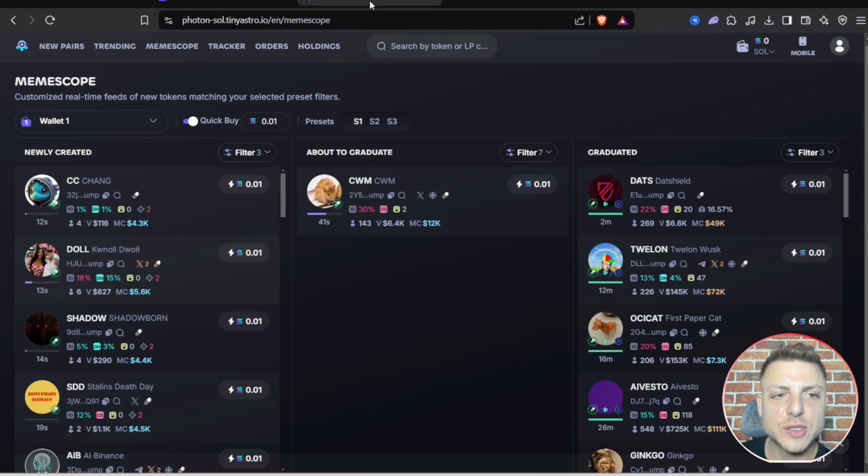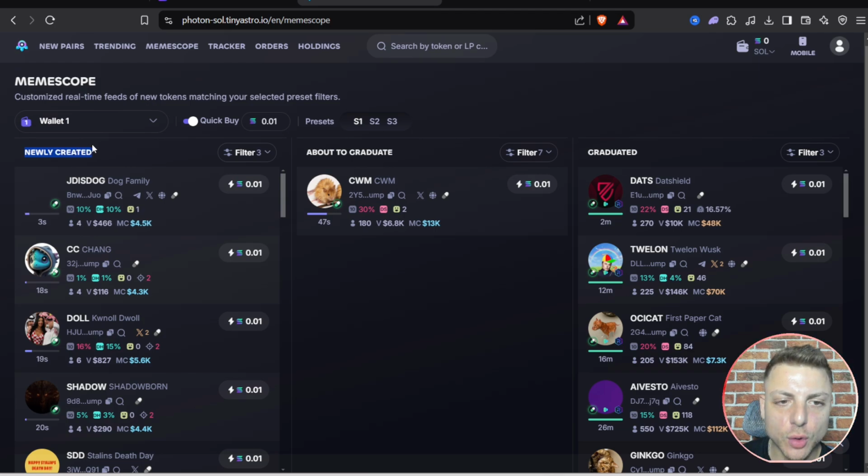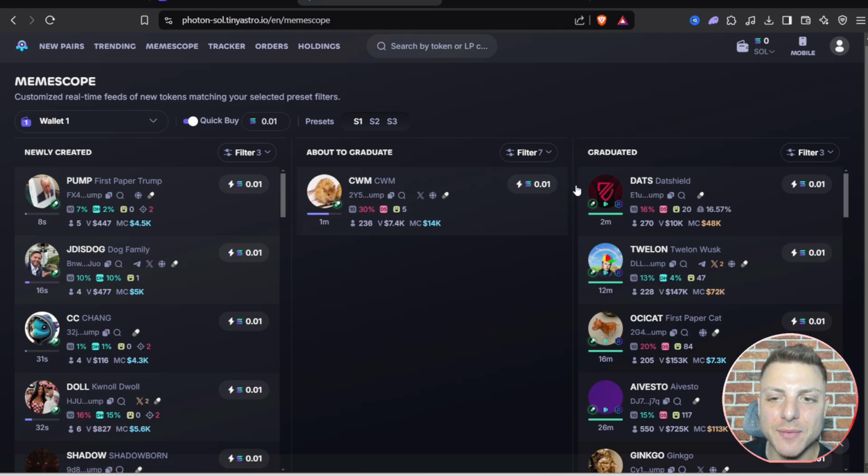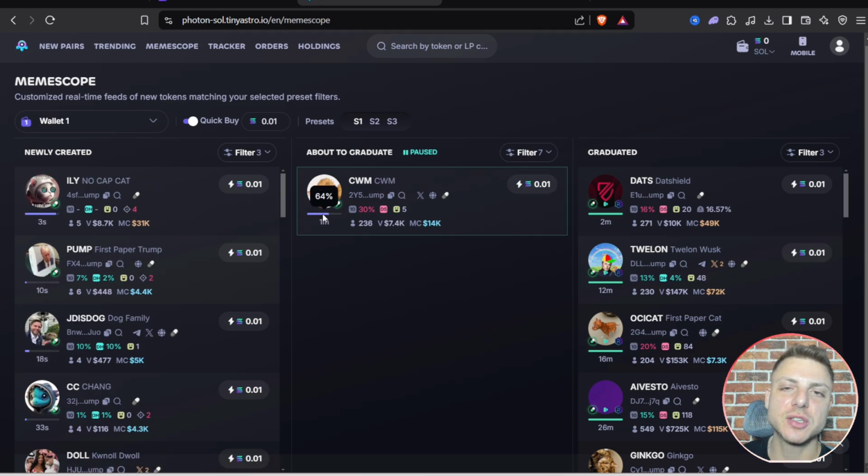So now how I've actually set up my about to graduate tab is that all of the best of the newly created coins are going to then move into my about to graduate tab, because here I'm not focused on the actual bonding curve of the specific coin. If I don't have any of these filters, it's just going to go by coins and their specific bonding curve.